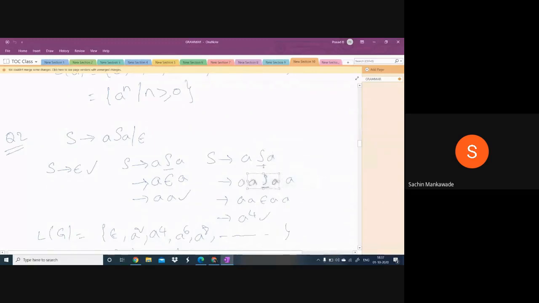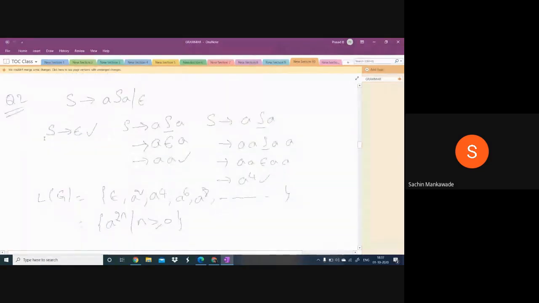Now in S place substitute epsilon, then you will get A power 4. So epsilon, A square, A power 4, A power 6, A power 8, A power 10. These are the possible strings you will get. So in general, this is an even number of A's. That is A power 2n, where n is greater than or equal to 0. Okay. Do you understand? Okay.